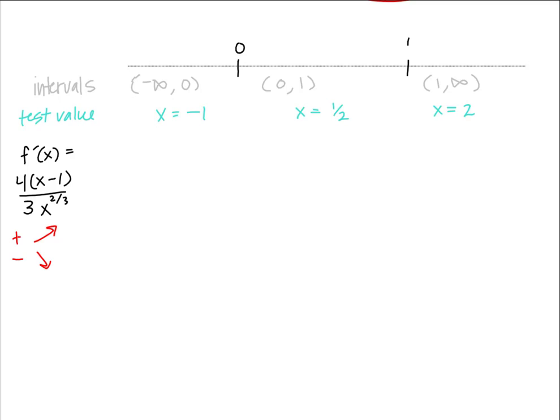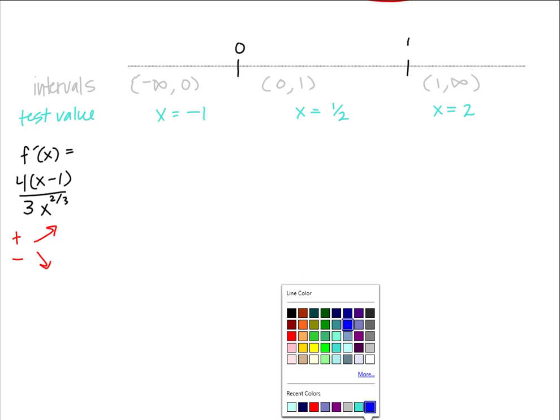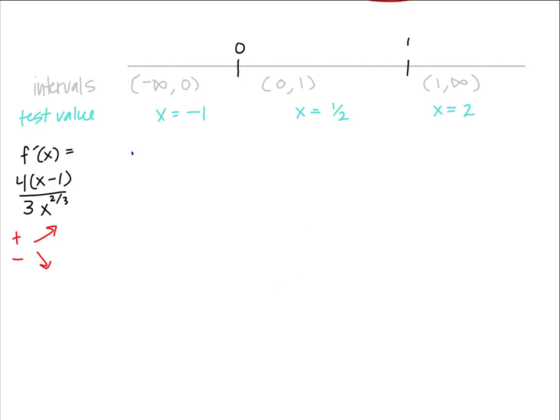So I do this in kind of a special way when I look at it and I think about, well, what happens to the numbers when I plug them in? So for example, f prime of negative 1. If I put negative 1 in my function right here, that's 4, and that would be times negative 2. So that's a negative in the numerator over, now in the denominator here, when I square that, that becomes positive.